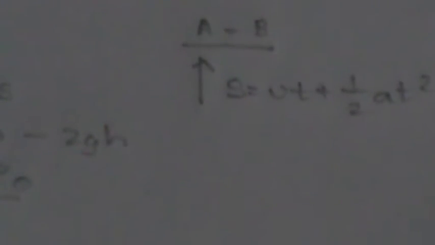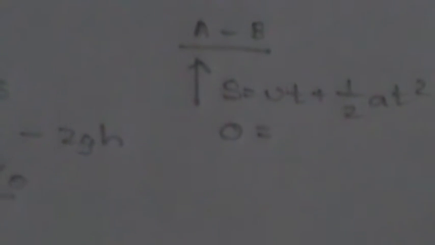So if I put s equals ut plus half at squared, the vertical displacement is 0. u equals v sine theta, and I will take the time as t. a is equal to minus g, so I can find half gt squared is equal to v sine theta times t.